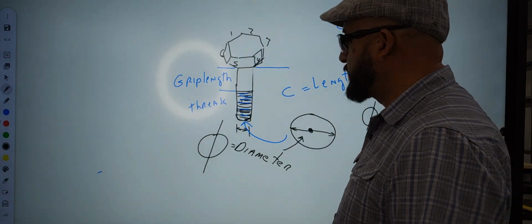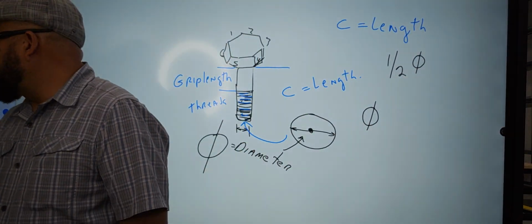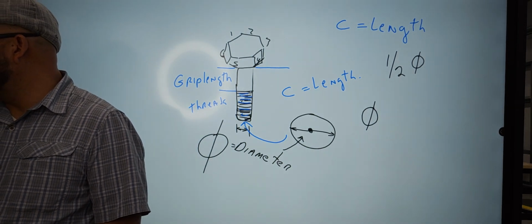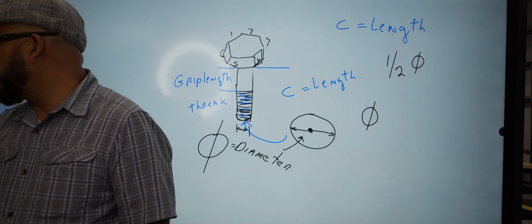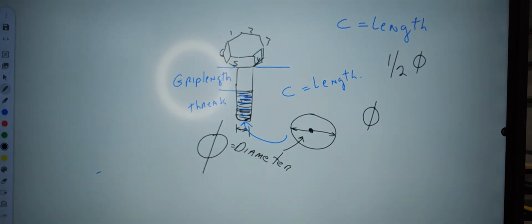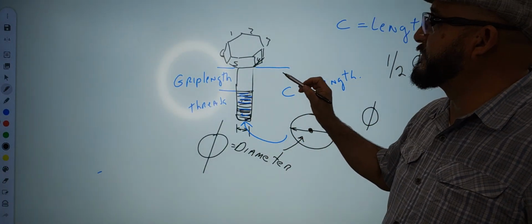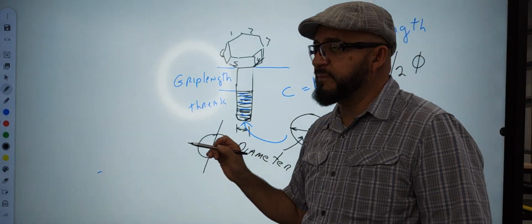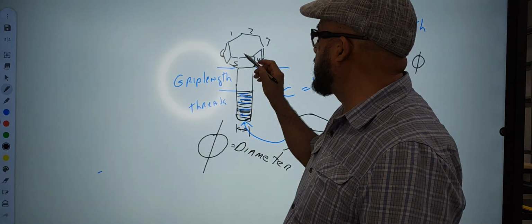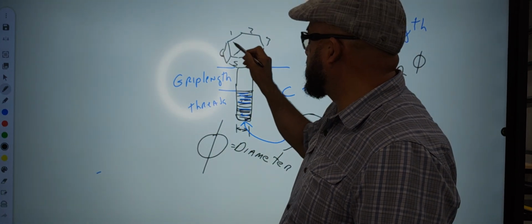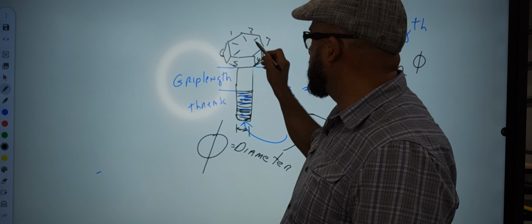There are other markings that we need to be aware of. If it's an American, inch-based type of bolt, there will be markings here. See those little lines?